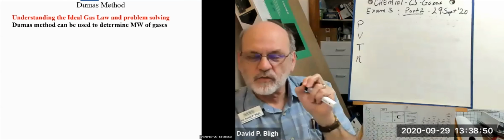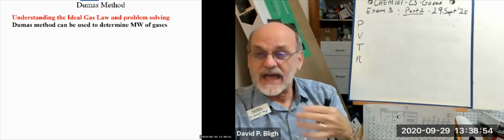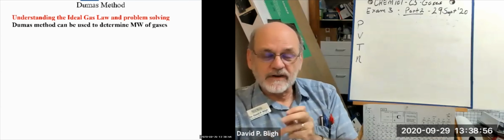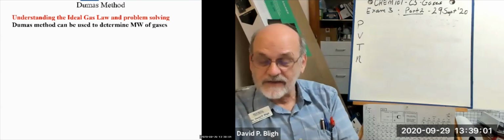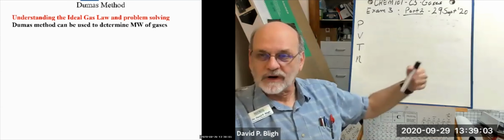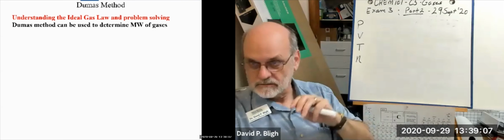Actually, his approach was to determine the molar volume of each gas. The molar volume of the ideal gas, we've already said, is 22.4 liters per mole under standard conditions.